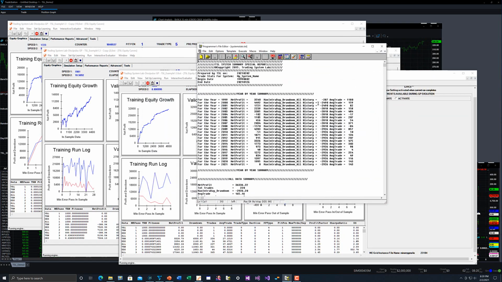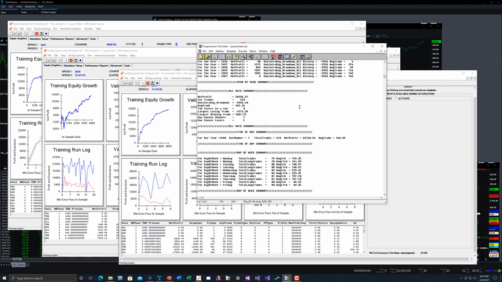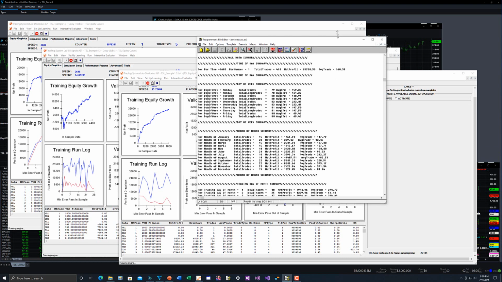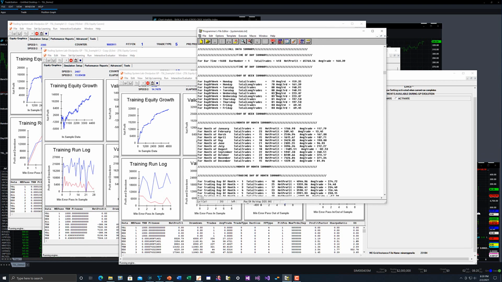I want to point out a system stats report that is also available in Trading System Lab, and this report is on this system that I just ran, and this report was created. This shows the net profit by day of week.